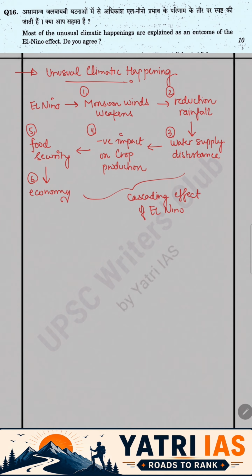Then you would also mention that El Nino leads to severe heat waves with change in temperature, it also leads to global temperature rise. That is also a reason for severe heat waves.